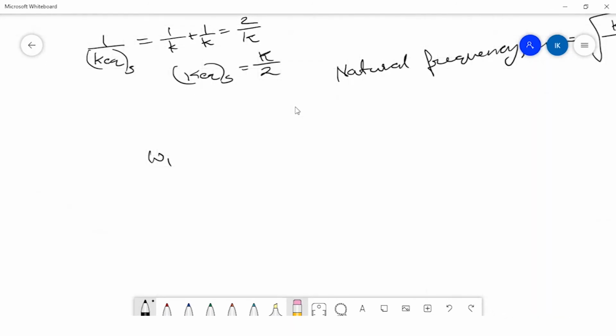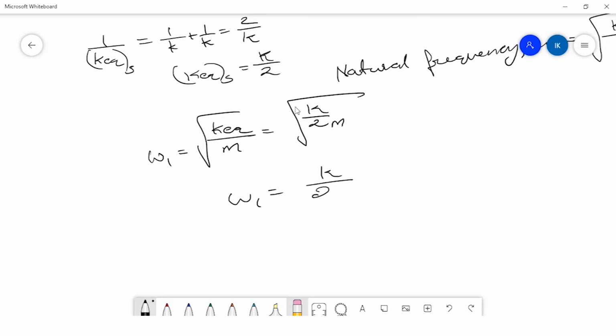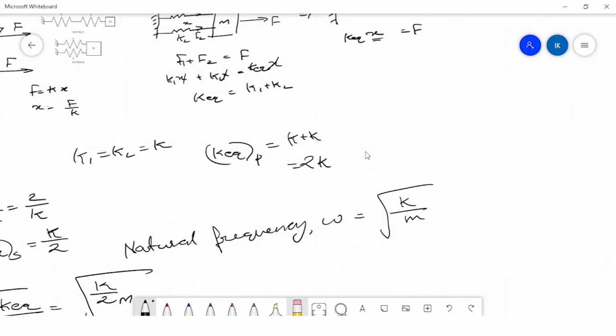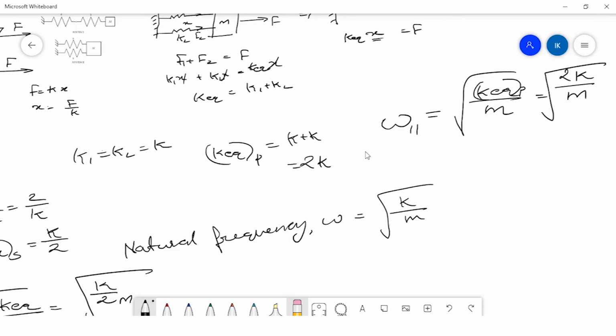Therefore, omega 1 is nothing but under root of K equivalent divided by mass M. K equivalent is K by 2, divided by mass M. Therefore, omega 1 equal to under root K by 2M. Now for the parallel connection, it is represented by omega 2 of system 2, which is nothing but under root of K equivalent of parallel by M, which is under root 2K by M.